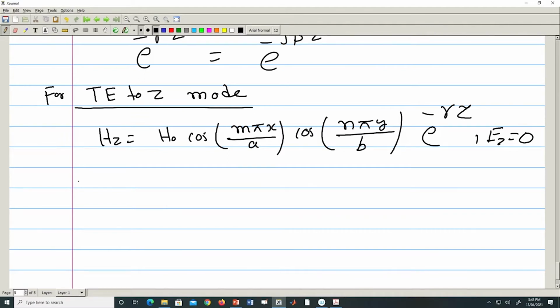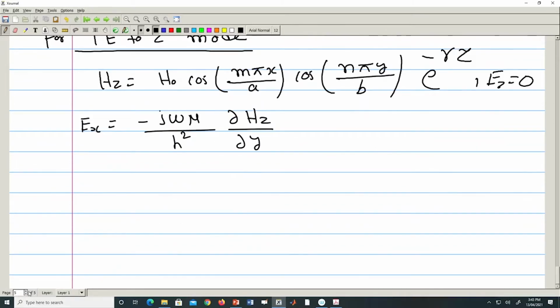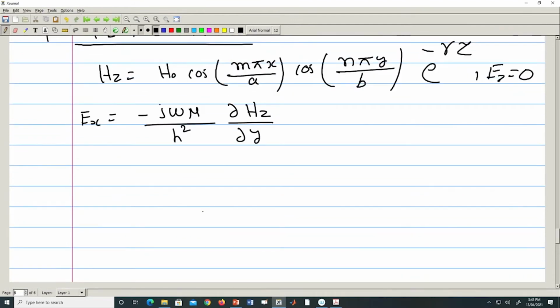So, Ex can be written as minus of j omega mu divided with h square del of Hz by del y. So, minus of j omega mu by h square, and this is the partial differentiation on y.